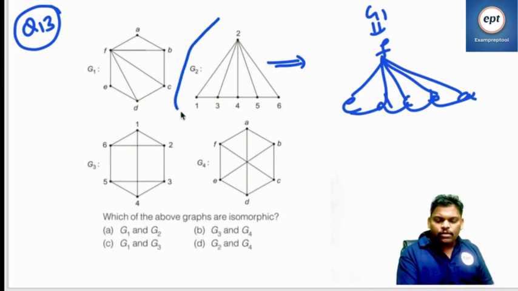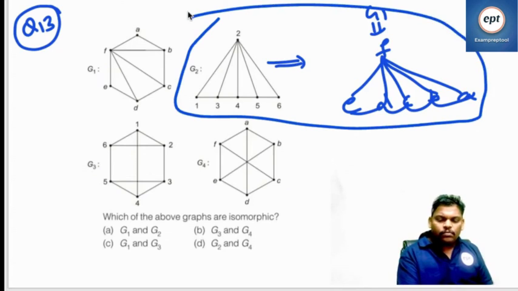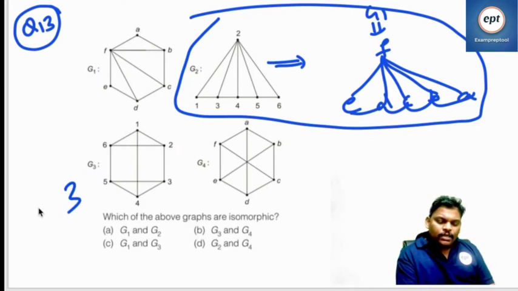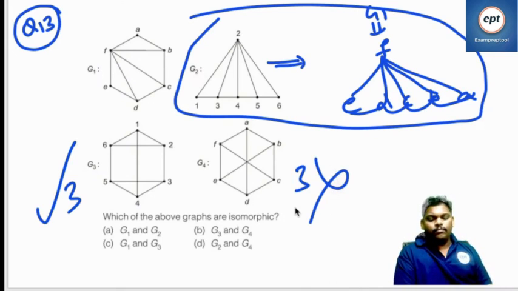Both are the same, check. So here a 3-length cycle is there, here a 3-length cycle is not there. So the answer is A.